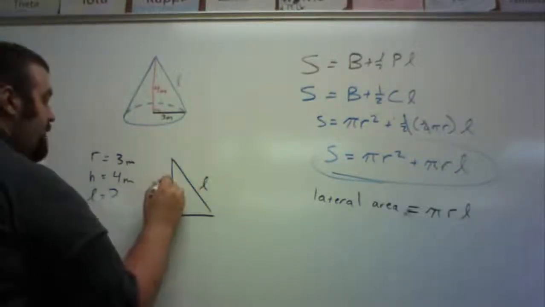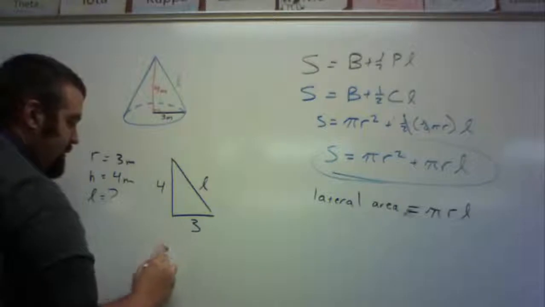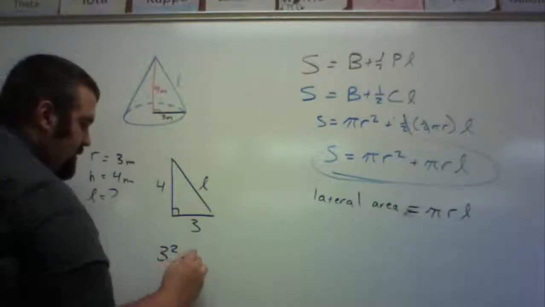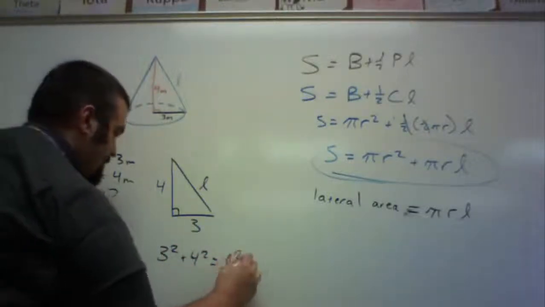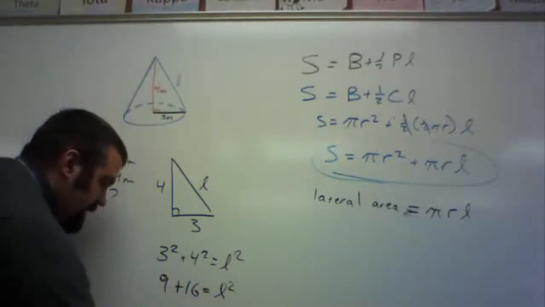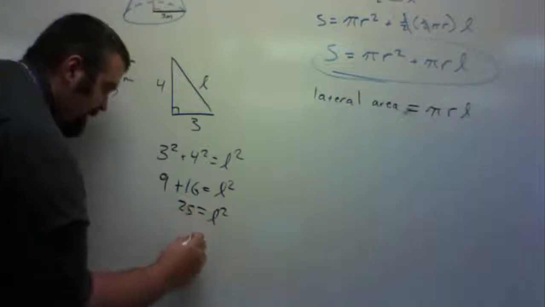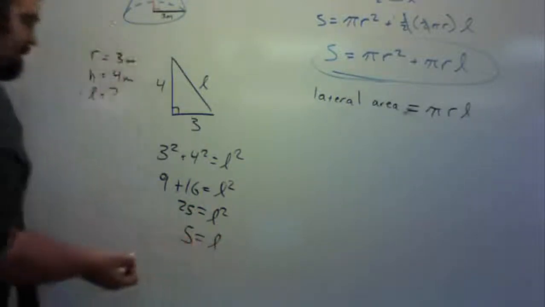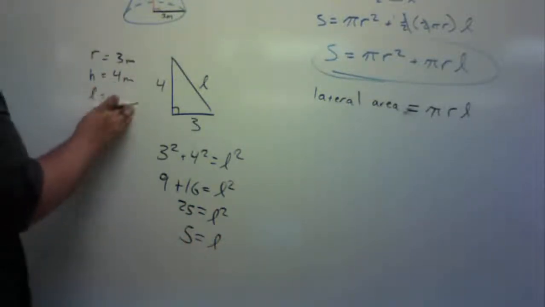L, 4, and 3. So 3 squared plus 4 squared equals L squared. 9 plus 16 equals L squared. L squared equals 25. Therefore, L is 5. So I now know L is 5 meters.